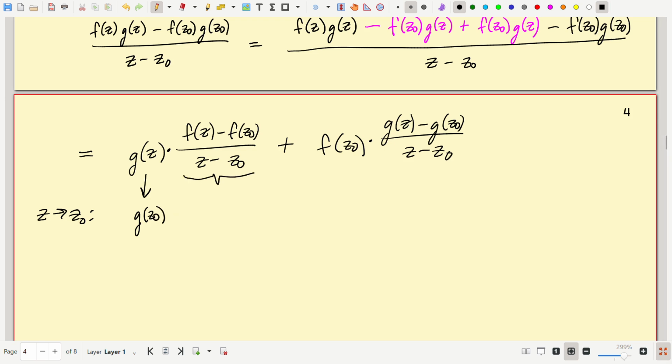This difference quotient is going to tend to F prime of Z naught. And this thing is a constant, so it's just going to sit there. And we have a rule that the limit of a constant times a function is the constant times the limit.